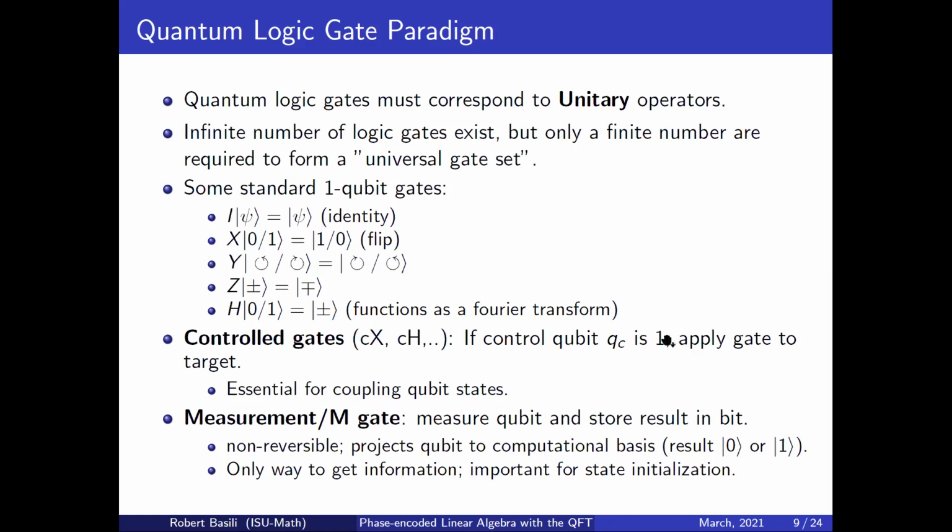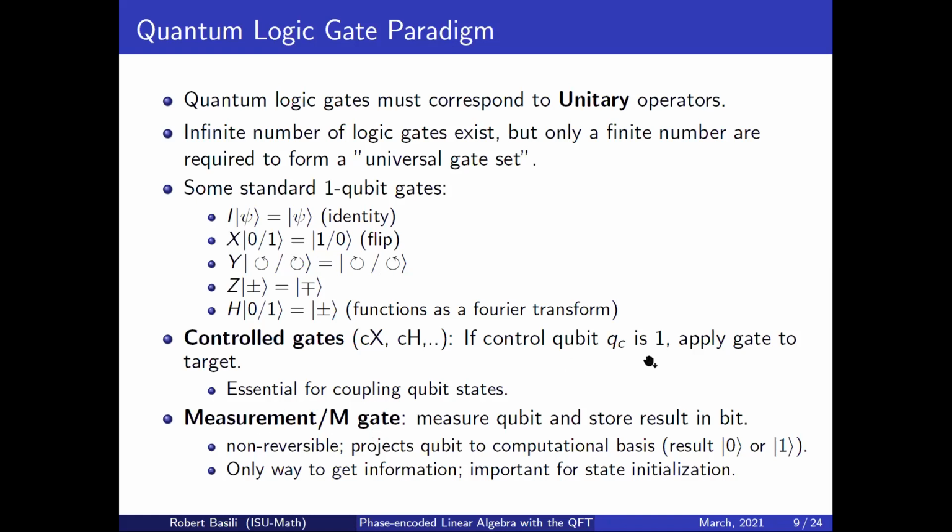And keep in mind that since a qubit can be in a superposition of both 0 and 1, it can be both applying and not applying the gate to the target, by some amount of magnitude based on whatever the amplitudes of the 1 and 0 are. As said, this is essential for coupling the qubit states and having that entanglement, which is part of the quantum magic that lets us do interesting stuff in quantum computing.